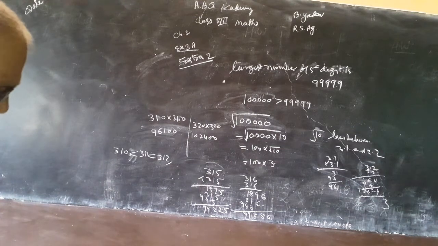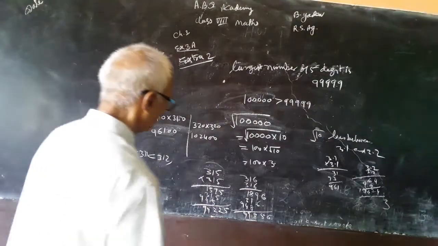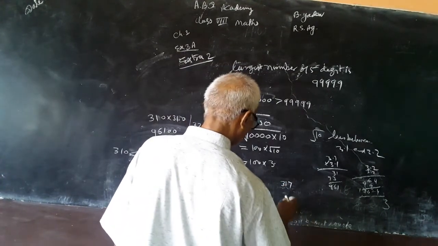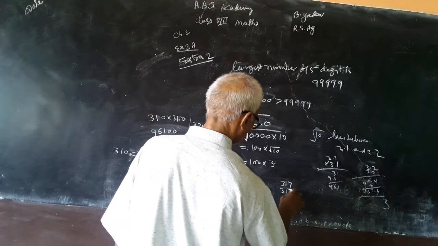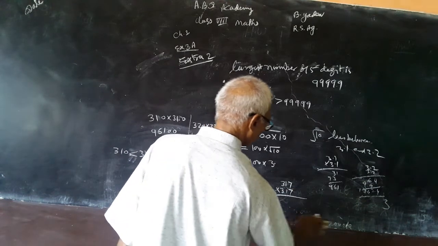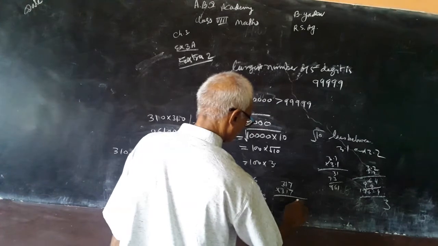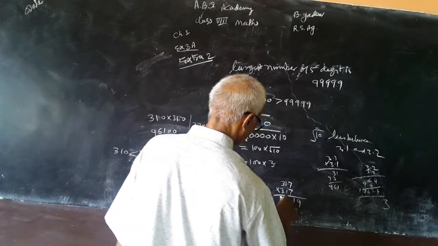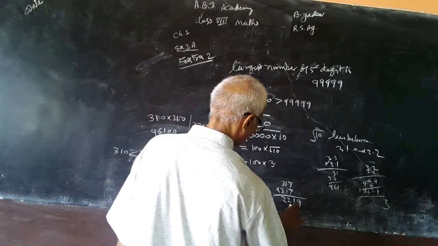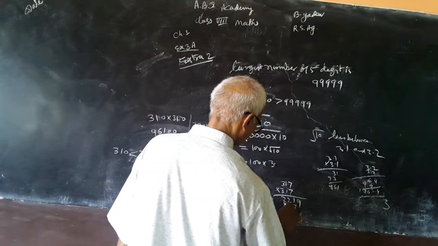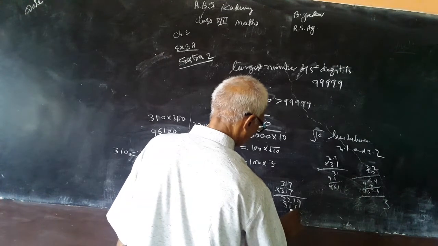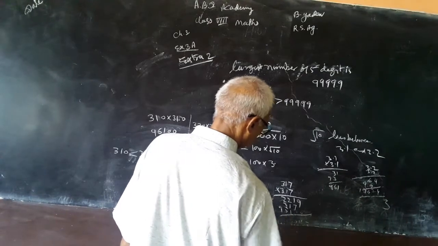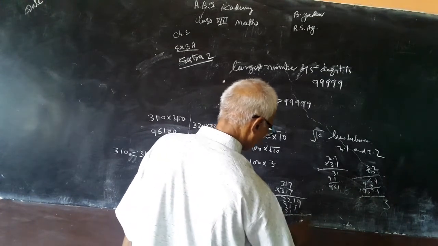You will go further, and after many operations 317 will go ahead of that. It becomes difficult at your level. 7 7s are 49, and so on, and it goes bigger.